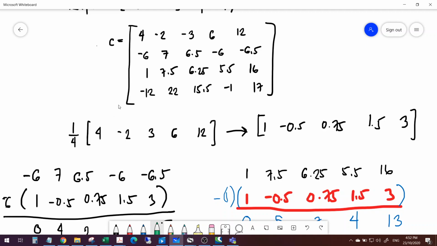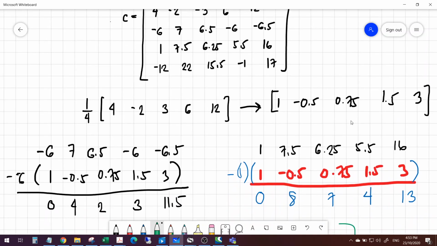In this case, I wrote down the first row here, then multiply that by 1/4 to make this 4 a 1. So 4/4 is 1, negative 2/4 is negative 0.5, 3/4 is 0.75, 6/4 is 1.5, and 12/4 is 3.